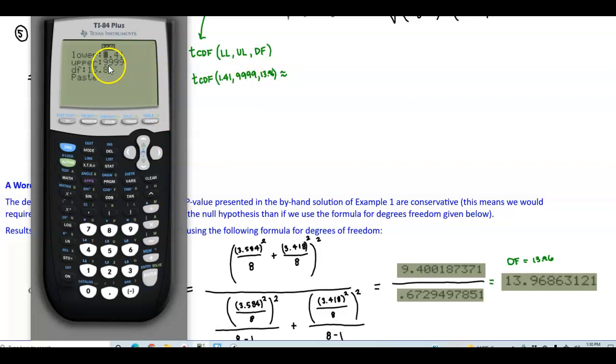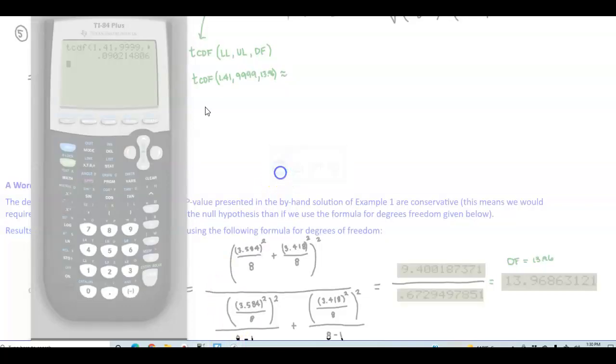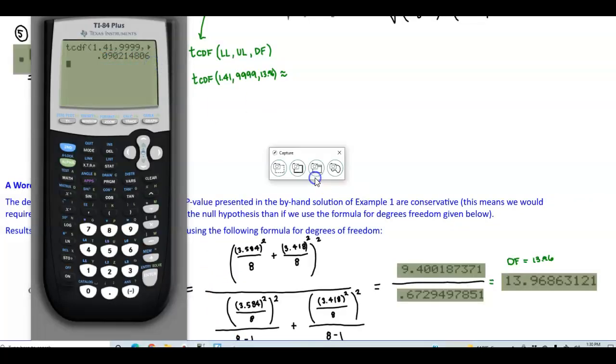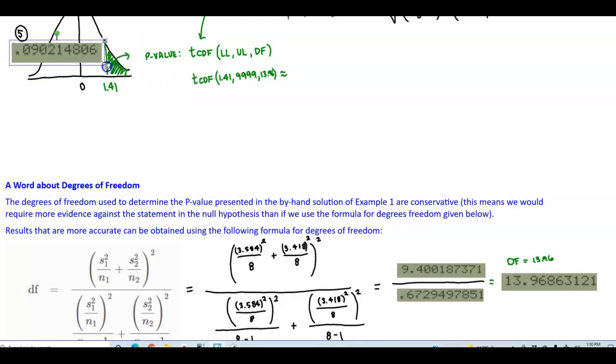We know our upper limit is 9999. And then our degrees of freedom is 13.96. Then we select paste, and then select enter, and we're going to see what our p-value is going to be. So here's our p-value. Now, if we round that to 3 decimal places, then we get 0.090 for our p-value.